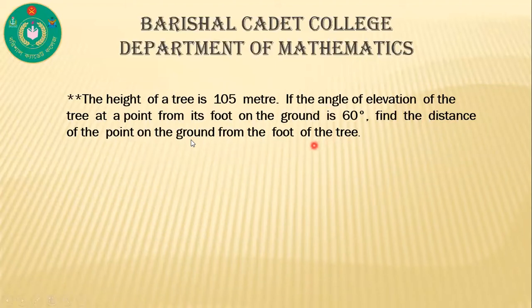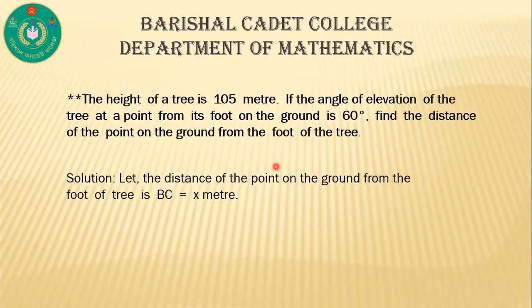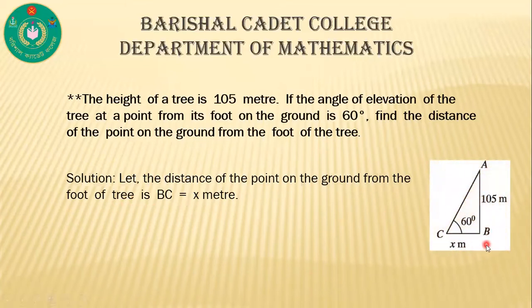When you solve this type of problem, first identify what you are looking for and write the appropriate formula. Solution. Let the distance of the point on the ground from the foot of the tree, BC, be x meters.